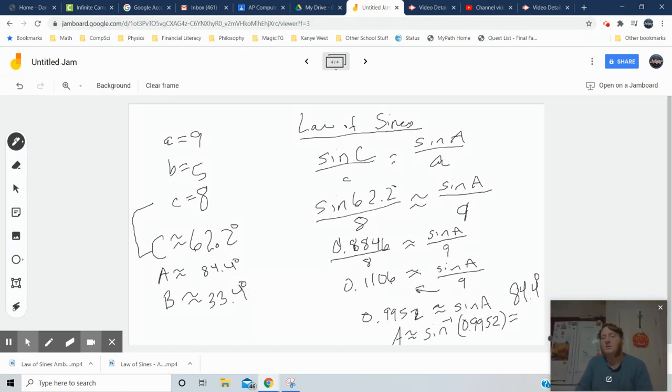So you could build a triangle that has side lengths of 5, 8, and 9. And when you get that built, these should be pretty close to the angles you would measure for the three angles. And again, notice that the shortest side, B, is across from the smallest angle.